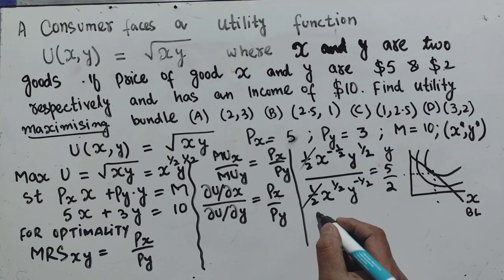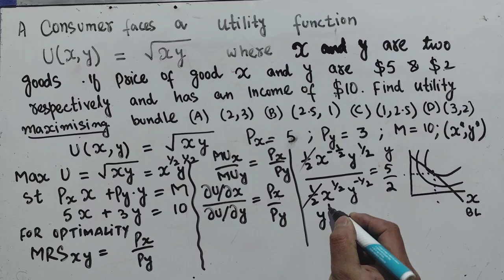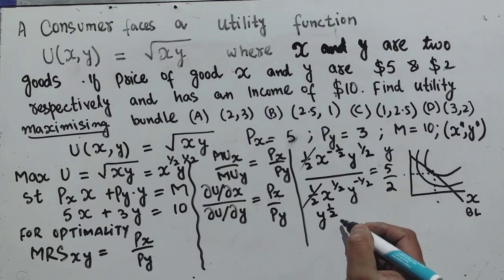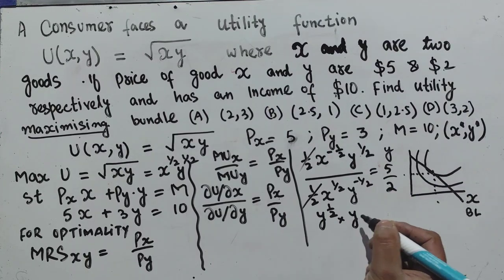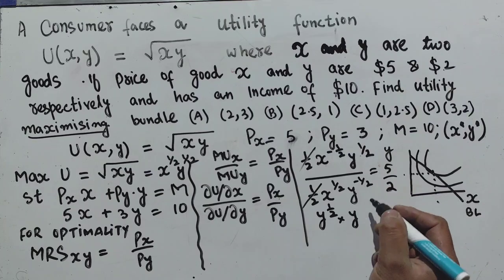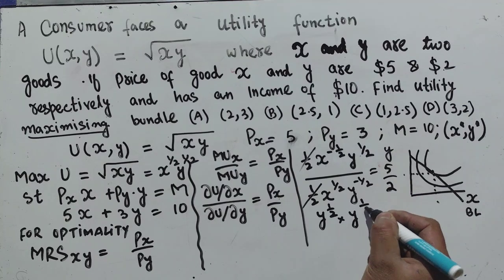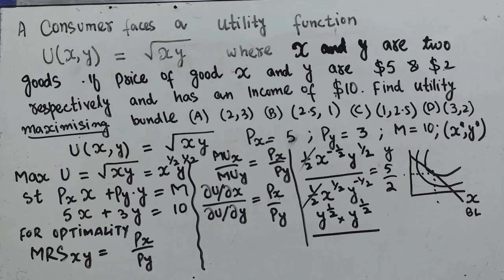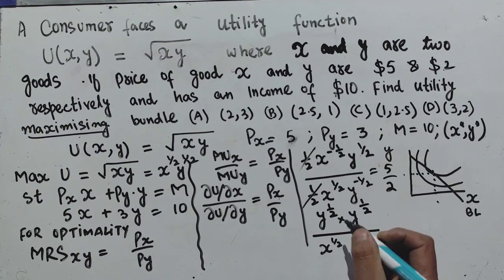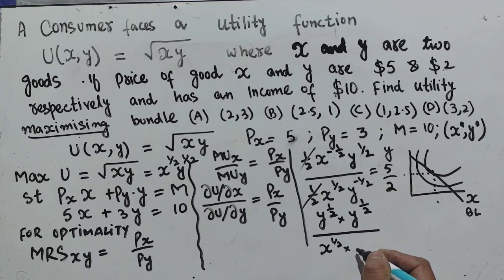So we have y raised to the power 1 upon 2. If I transpose this, it gets multiplied, but its exponent sign changes: minus 1 upon 2 becomes plus 1 upon 2. Similarly, here we have x raised to the power 1 upon 2. If I transpose this, it gets multiplied, but the exponent sign changes from negative to positive.